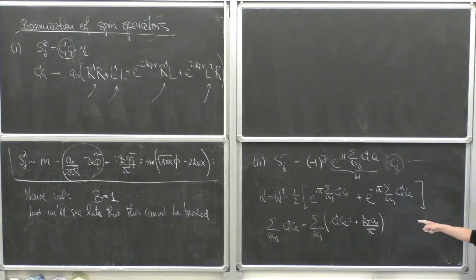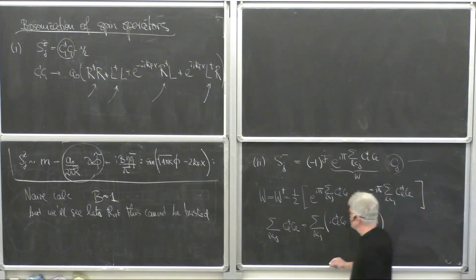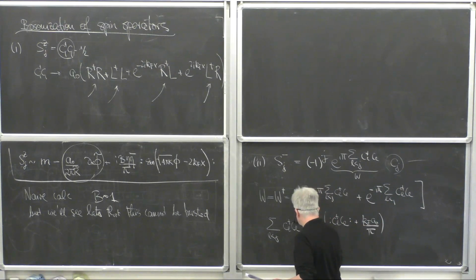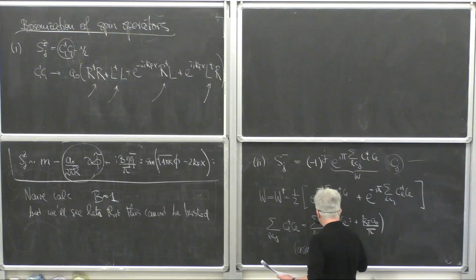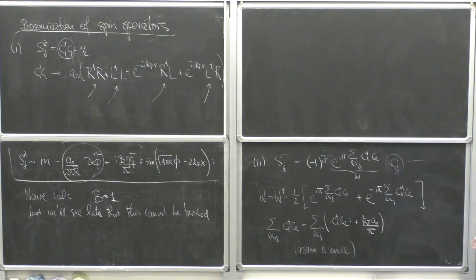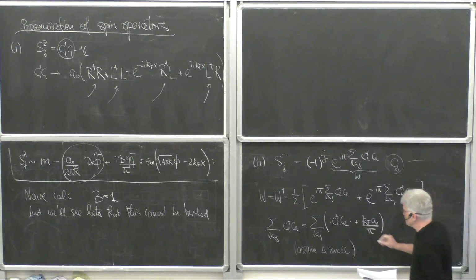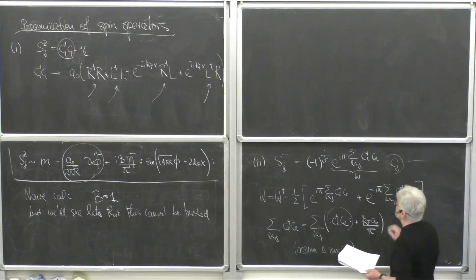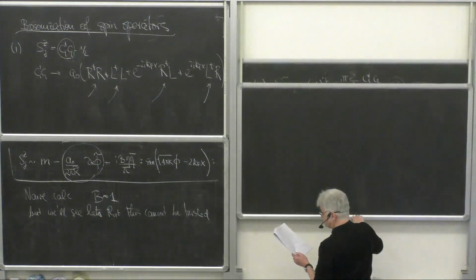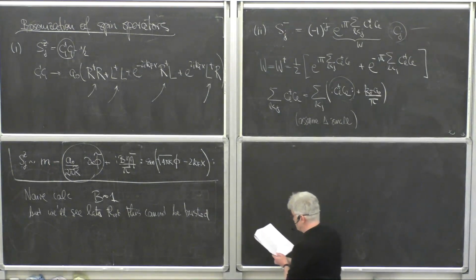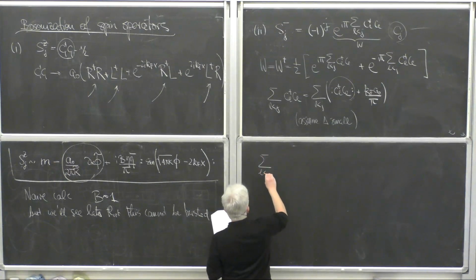This is the kind of thing we had done before for small delta, so I'm using the same philosophy now. Assume for now delta is small. Then we get an answer, and the answer again will be generally correct even when delta is not small. Now what we do is we take this object and just bosonize it.